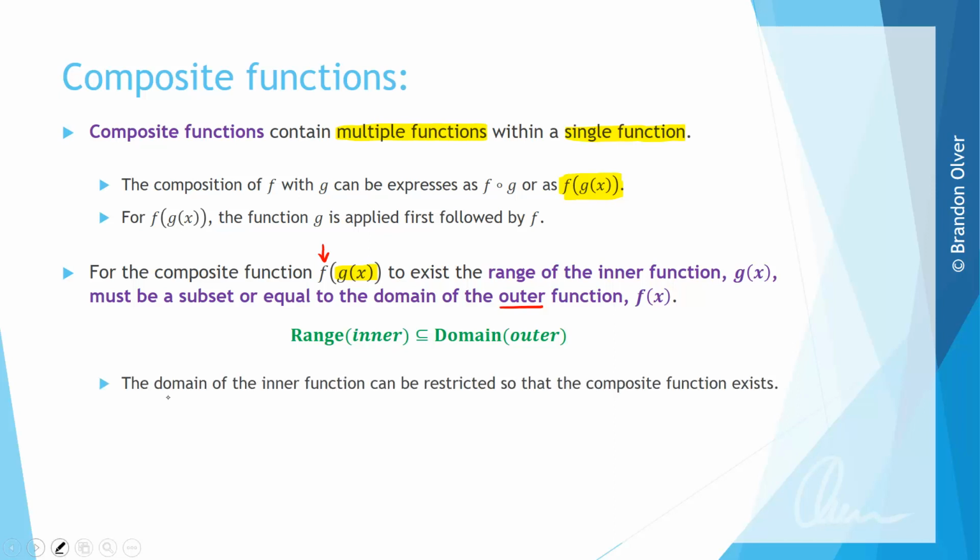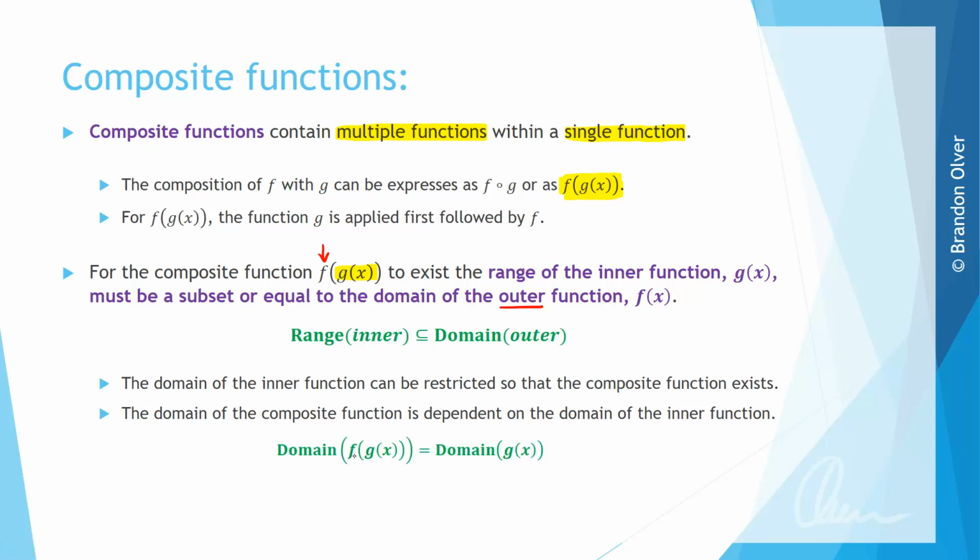We know that we can restrict the domain of the inner function so that a composite function will exist. We know that the domain of the composite function is dependent on the domain of the inner function, and we can write that as the domain of f of g of x is equal to the domain of g of x, and sometimes, as we said above, it can be restricted.